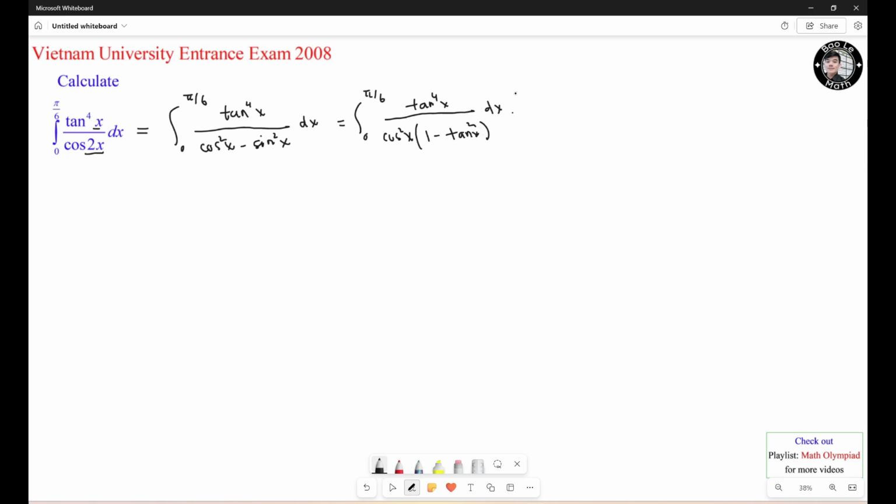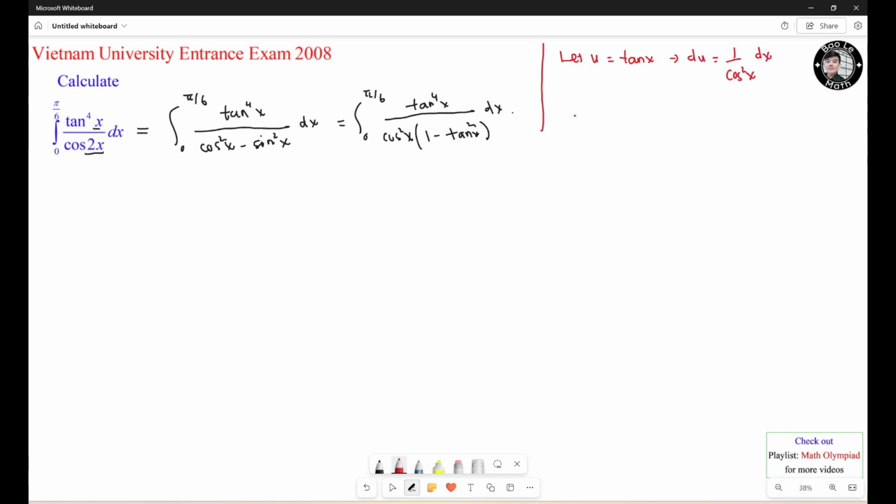We let u equals tangent s. So we have du is going to be 1 over cosine square of s ds.